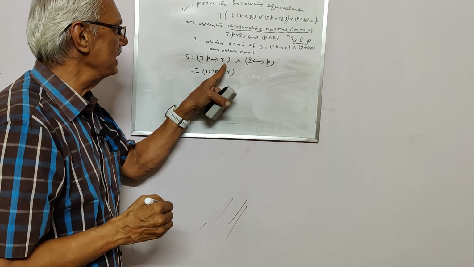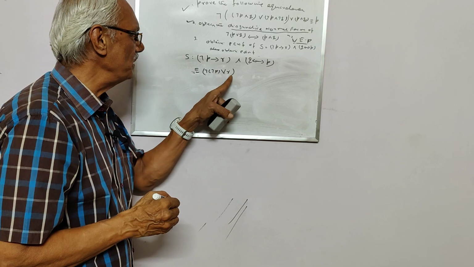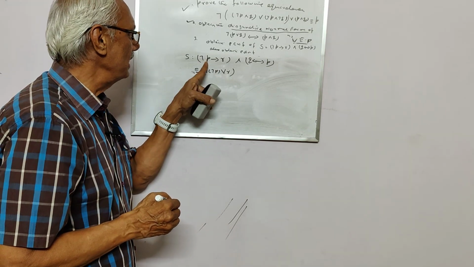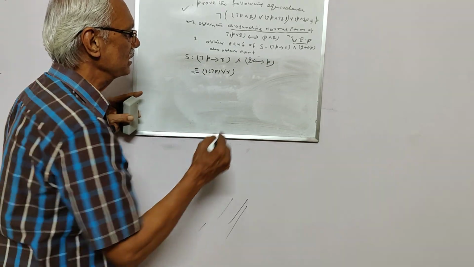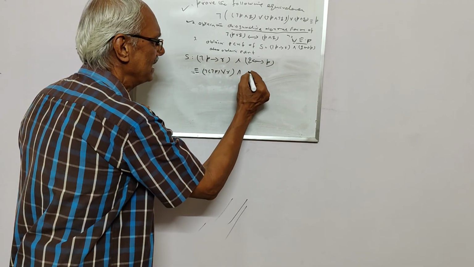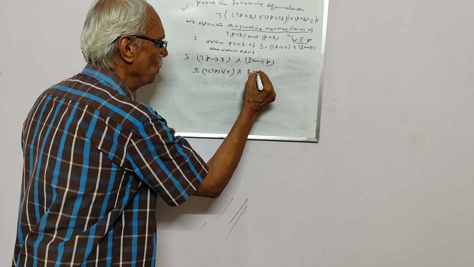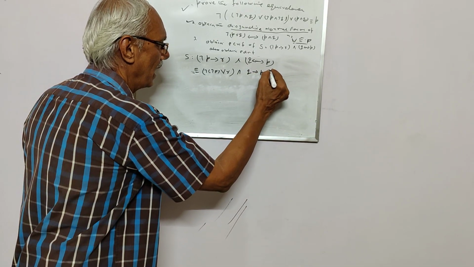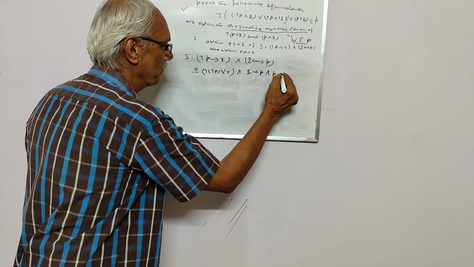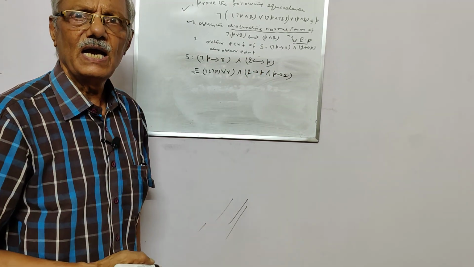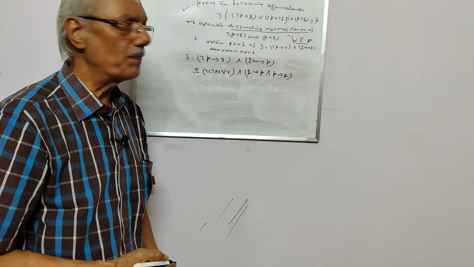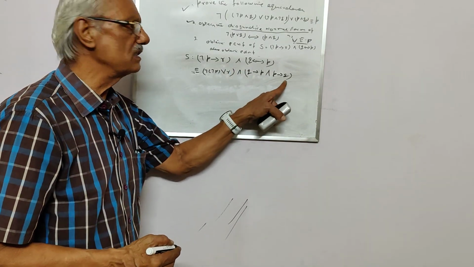So P implies R means negation of P union R. But here in the place of negation P you have negation of P, this one, and I will write here, this is nothing but your Q implies P intersection P implies Q. This is the idea of a two-way implication, the if and only if condition applied to P and Q, therefore this is the meaning of that.